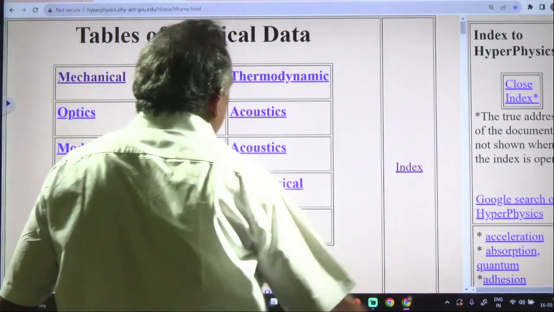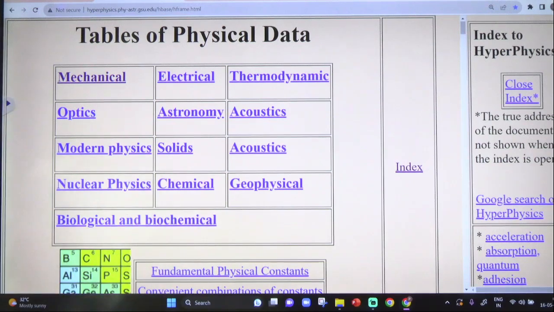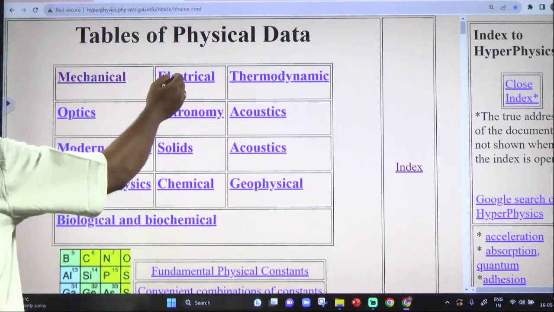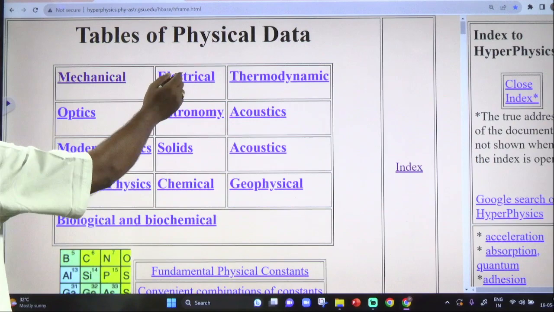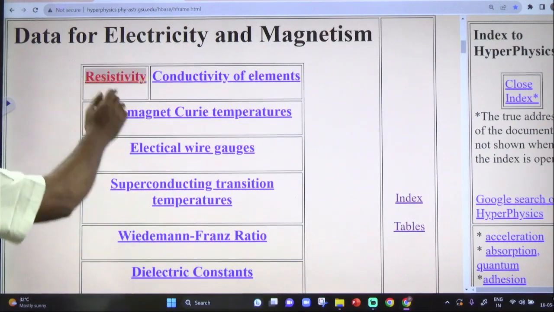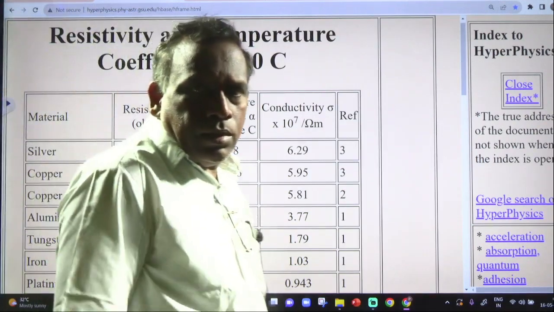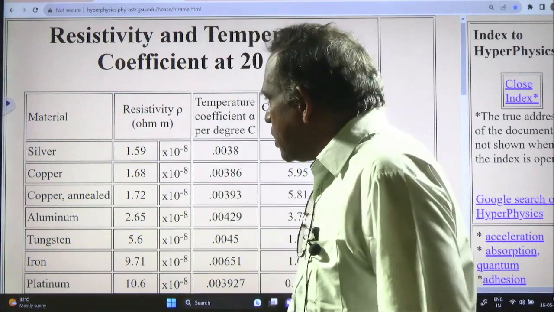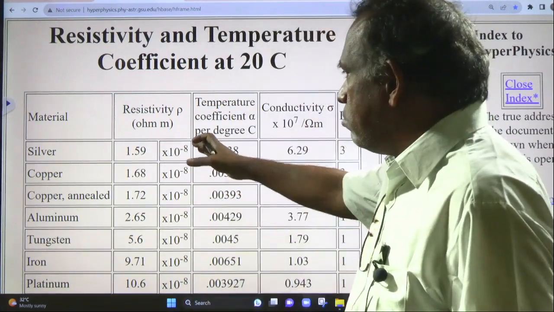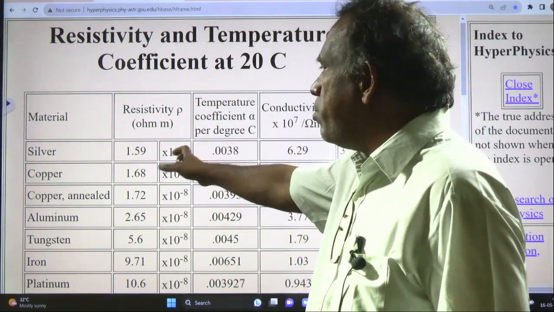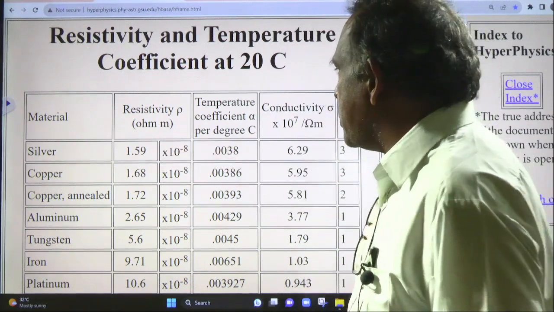If you go to the index tables, optics, electricity, there are different constants, resistivity constants. These are the resistivity constants. Silver, the resistivity is 1.59 into 10 power minus 8 ohm meter.